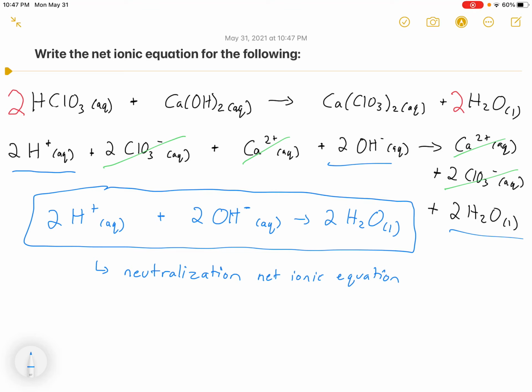The net ionic equation for really any neutralization reaction is going to look like some number of H plus and OH minus gives you water. So the general form of that, just for future knowledge so that we have a bit of early exposure, is always some form of H plus and OH minus yields water.